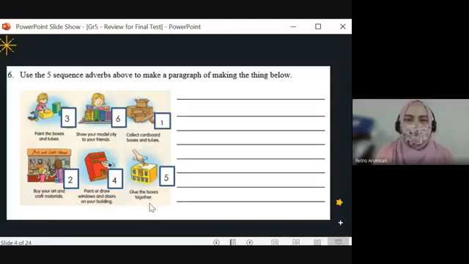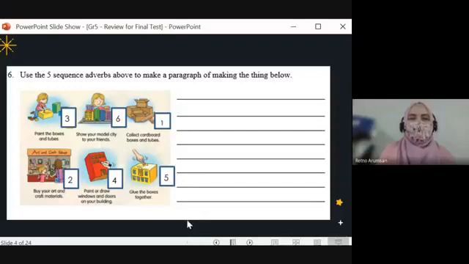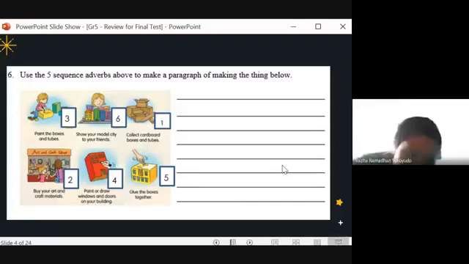Finally, glue the boxes together. Actually, this is not the last step, dear. This is step number 5, but this is not the last step. After that, glue the boxes together. Yes, very good. That's step number 5. Next, step number 6. Raza, what is step number 6? Finally, show your model city to your friends.